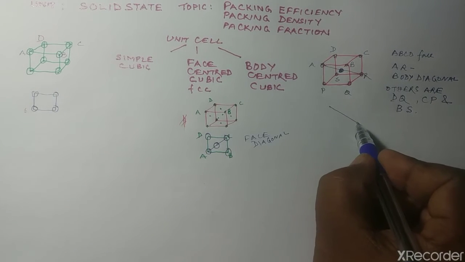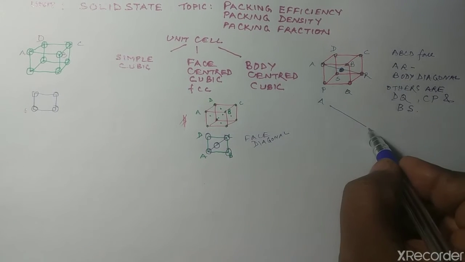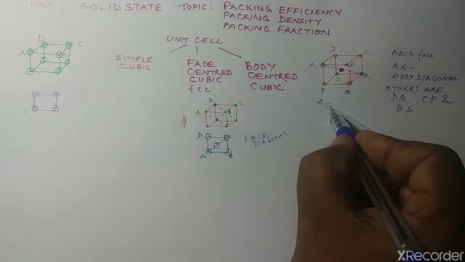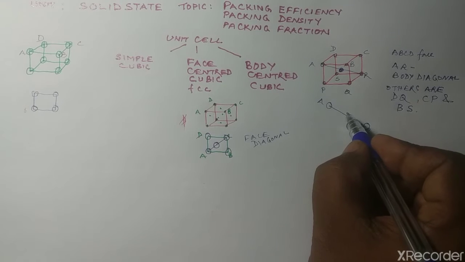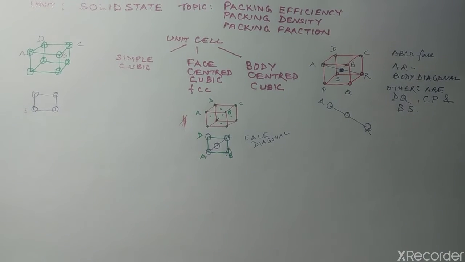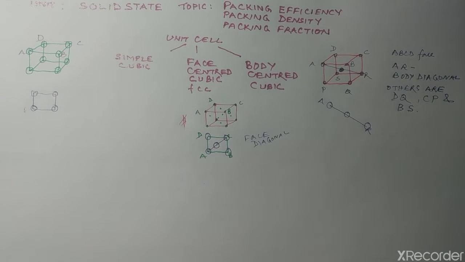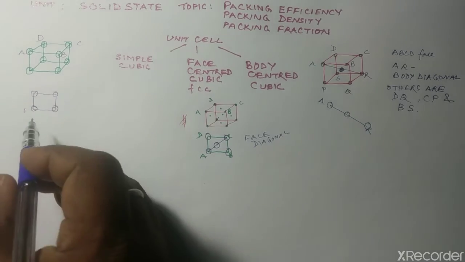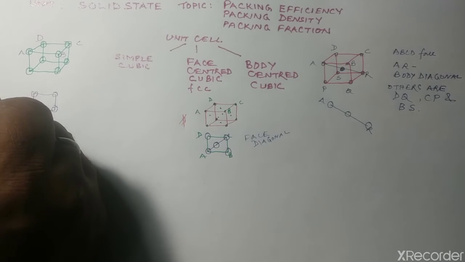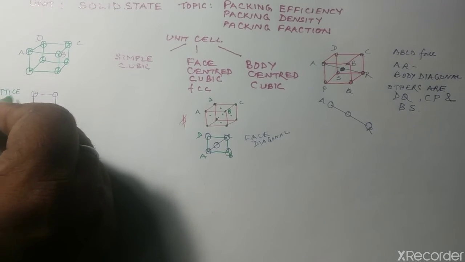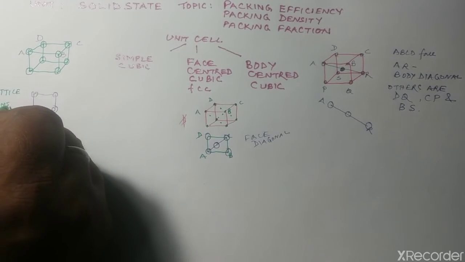If we see A and R, the atom lies here at the regular corner, and in the center of it, this one is there. These are called lattice points. Atoms are represented as points.